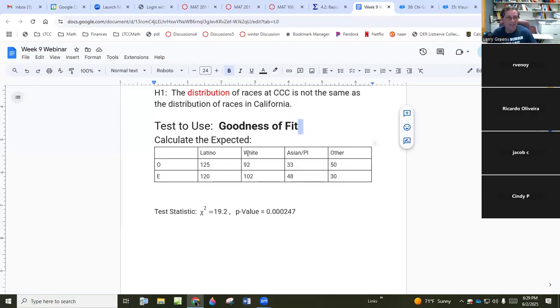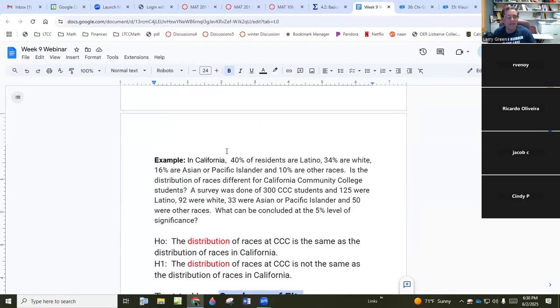Notice this was a goodness of fit test. A goodness of fit test is when you have a known distribution. We knew the population distribution of California is 40%, 34%, 16%, and 10%.